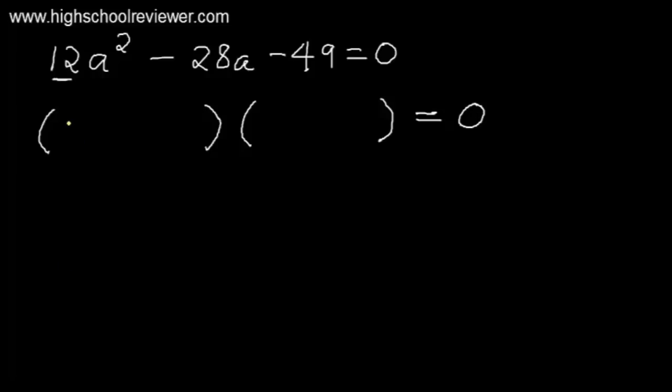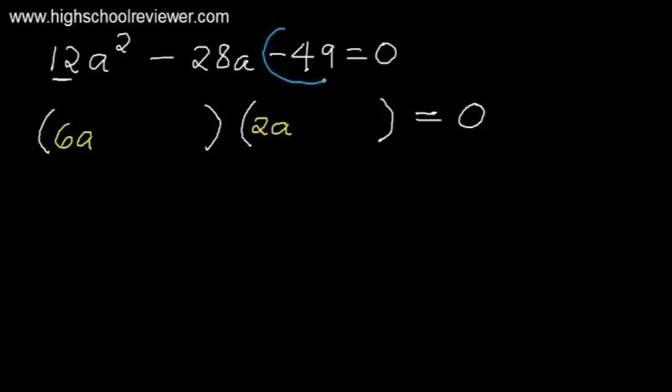Its factors will be 6a multiplied by 2a. So let us check. 6a multiplied by 2a, that is equal to positive 12a squared. So we can use those factors. Okay. And then we are going to factor out our third term.